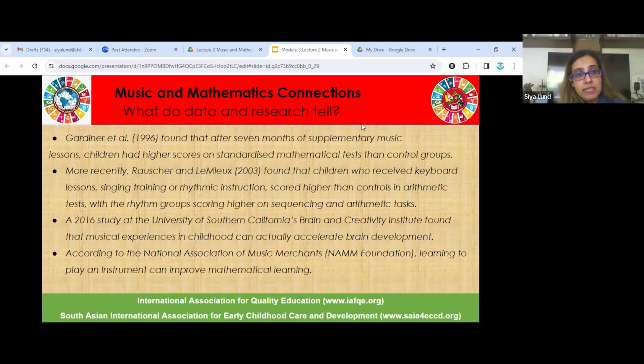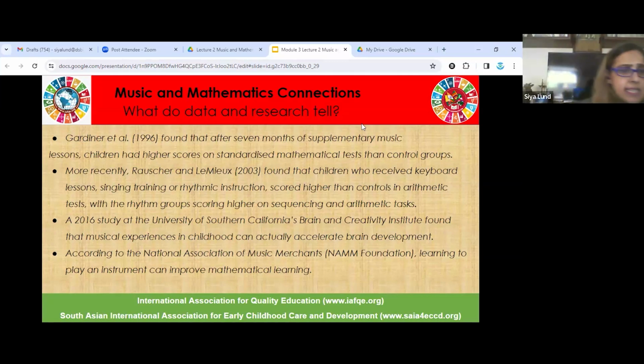And even more recently, Rosher and Lam found that children who received keyboard lessons, singing training, or rhythmic instructions scored higher than controls in arithmetic tests, with the rhythm group scoring higher on sequencing and arithmetic tasks.